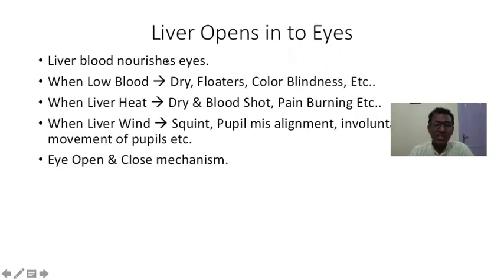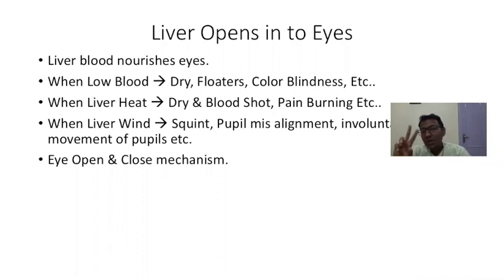Okay. So next, the liver opens into the eyes. If there is any problem in the eye, as I told, the squint eye, one eyeball is moved. I don't know how allopathy people treat it. In TCM, we try to balance the wind.